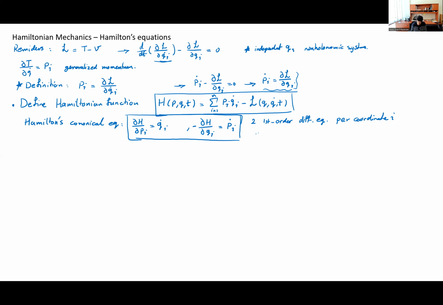All right, so in general, I have 2n ODEs, first order ODEs. And remember, when we had the Lagrangian before, we had n second order ODEs. Now we have 2n first order ODEs.